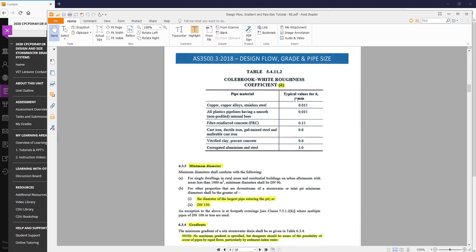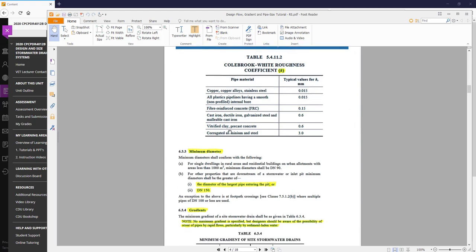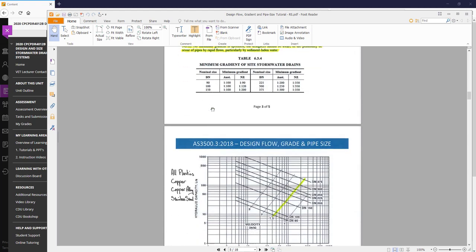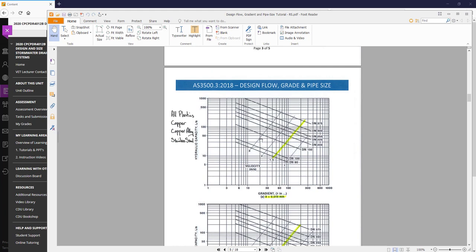We've got to use the value for K, which is going to be 0.015. Okay, that doesn't mean a lot to you at the moment, but it will in a minute. What we're actually saying is this chart here, you can see how it's K equals 0.015. This chart here is the one we need to use for all plastics, copper alloy and stainless steel.